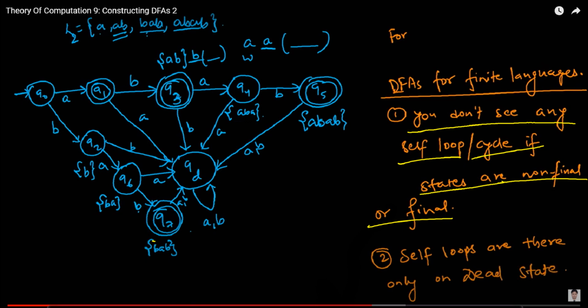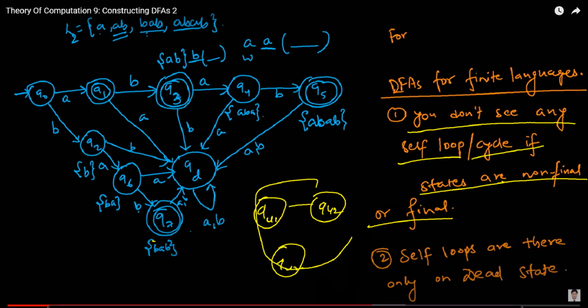But technically, you can create a DFA for a finite language which loops between states that are not a dead state. And how? By giving as many unreachable states as possible. Let's say QU1, QU2, all of these are unreachable states, and they move within themselves.